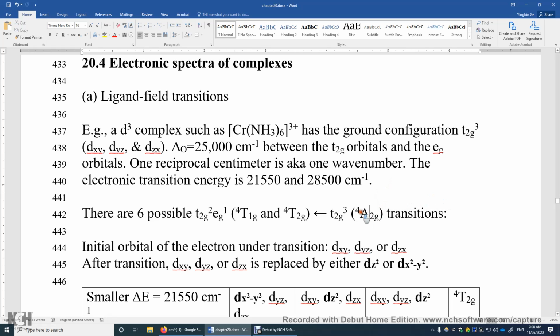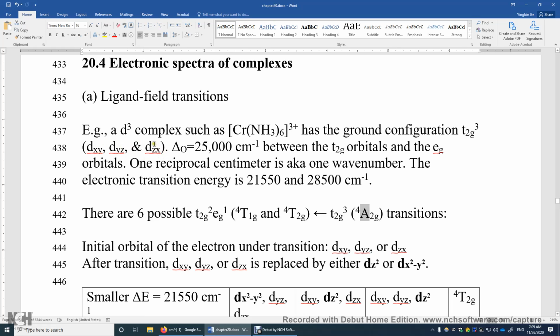A is symmetric. Actually, if you think about this, you have 3 electrons in dxy, dyz, dzx. The wave functions are proportional to xy, yz, and zx, and the electron density is proportional to the wave function squared, and therefore proportional to x squared y squared, y squared z squared, and over here z squared x squared.